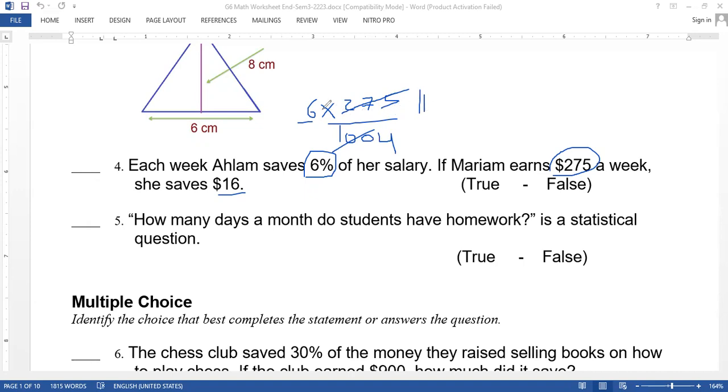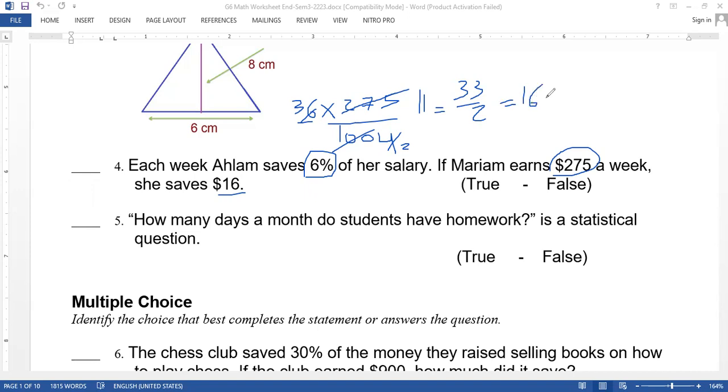Now we can simplify 6 with 4 by 2. This becomes 3. This becomes 2. Now 3 multiply 11 equals 33. Now we divide 33 by 2. The answer is 16.5. So the answer is wrong.